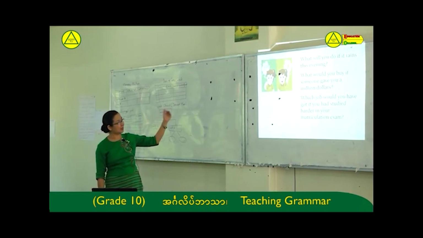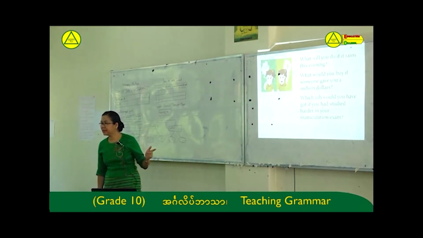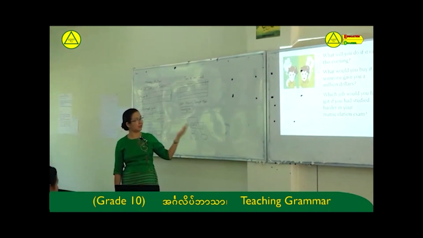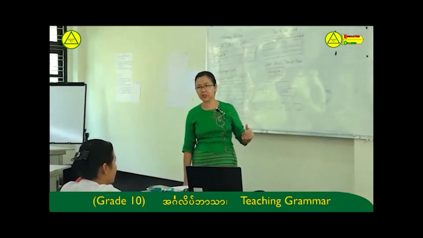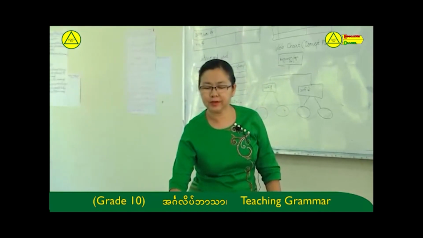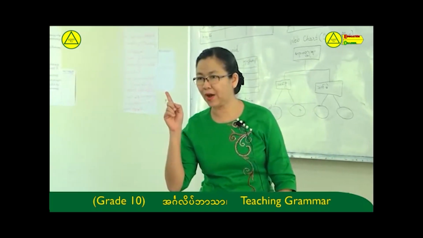And in the second question too, the first part is, what would you buy? And then the second part is about someone giving you $1 million. And in the third question, the first part is, which job would you have got? And then the second part starts with if, you had studied harder in your matriculation examination. So do you notice this point?